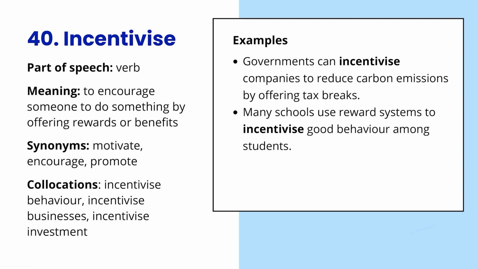Many schools use reward systems to incentivize good behavior among students. So next time you want to say encourage, ask yourself, are they offering a reward? If they are, well, you might be able to use incentivize, and this is going to make your writing sound more advanced, professional, and accurate.